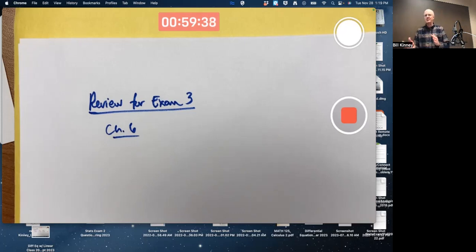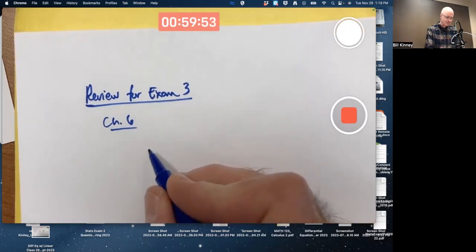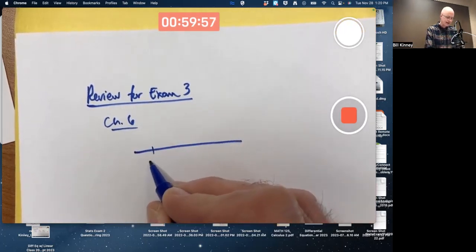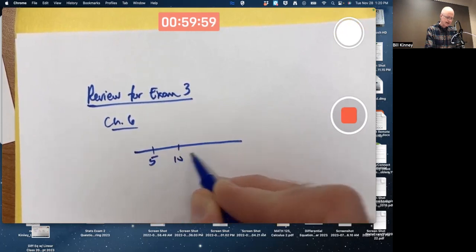As far as a box plot goes, a box and whisker plot, the book's got kind of a complicated procedure that involves inner and outer fences, and I'm like, that's a little bit too much for us. You could just do a simpler 5-number summary box plot where you would want to make an axis for a scale. Maybe the axis happens to be this scale. I'm just making something up here.